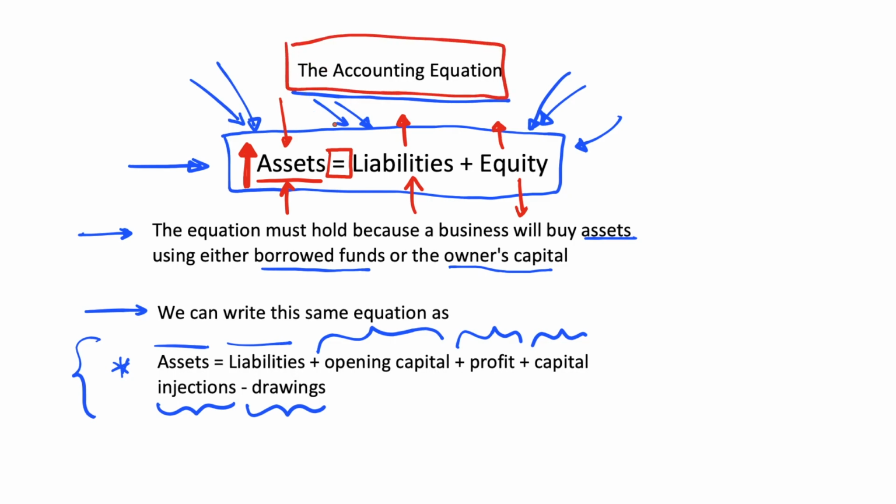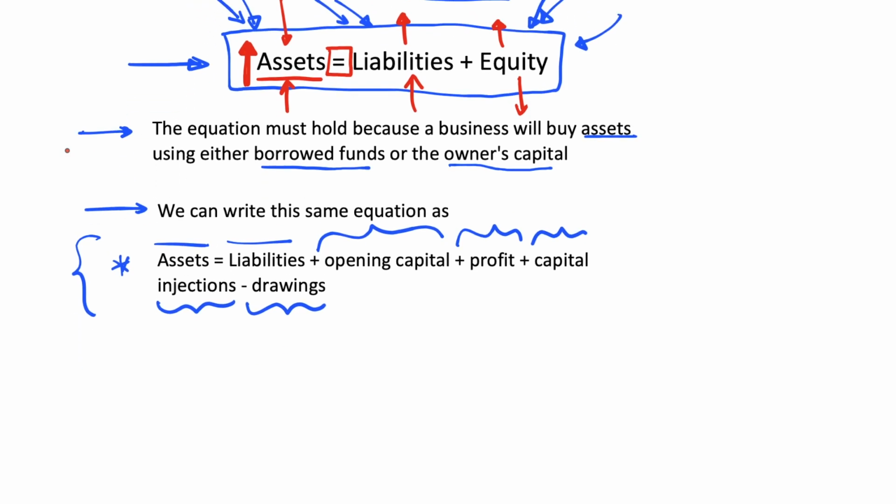So that's the accounting equation, and that's part of what it helps us do in accounting, and it should help explain the dual aspect or duality concept or double entry bookkeeping. But it's very fundamental to accounting, so it's very important to understand this equation.